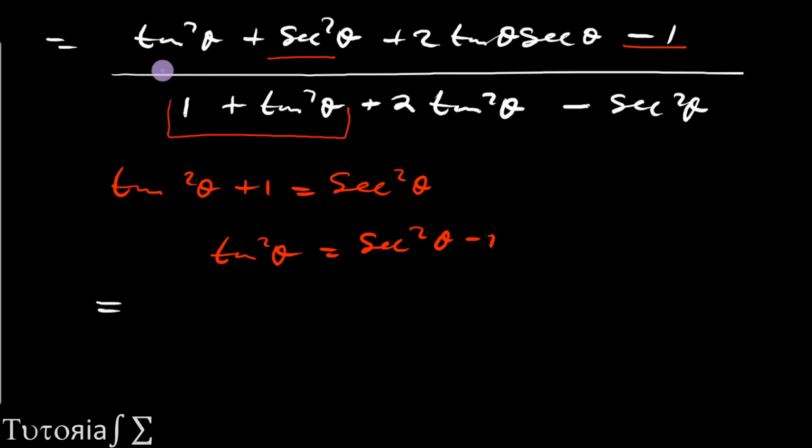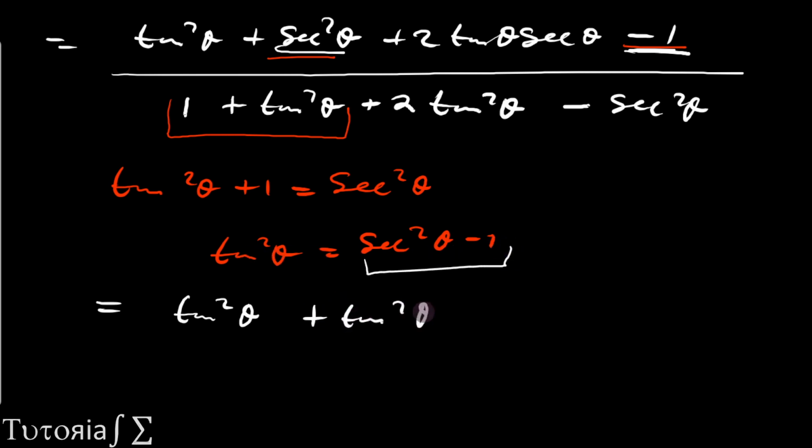So we're going to have this being equal to tan squared theta, then this and this are being grouped to give us this, so it will be plus tan squared theta. So we group these two.